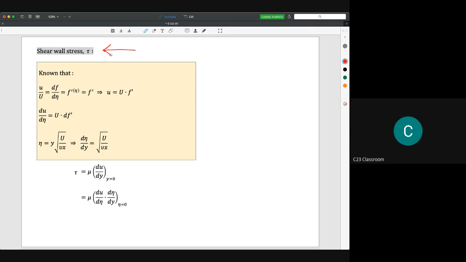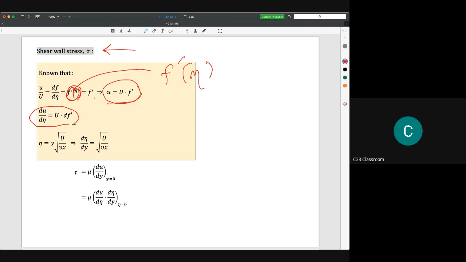I'm sorry, this is not a small eta, so you should write this one as f prime of eta, not the superscript terms. So you have u over U equal to f prime, and then you could rearrange this as u equal to capital U times f prime. Then if we do du d eta, we have U df prime like this.